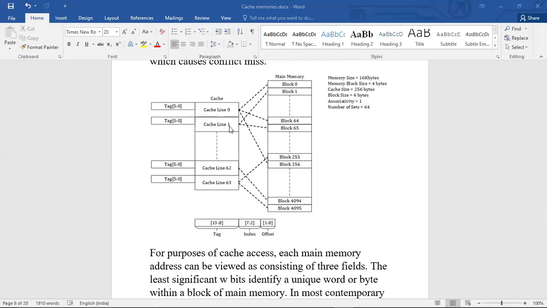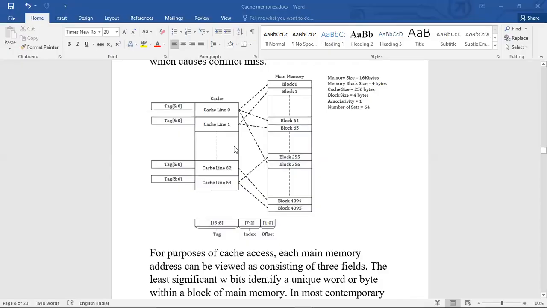Whenever the user tries to access information, conflicts may occur. Why do these conflicts occur? If the user is trying to fetch the data of block 64, in this line 0 the cache has block 0, block 64, and another one, block 265.